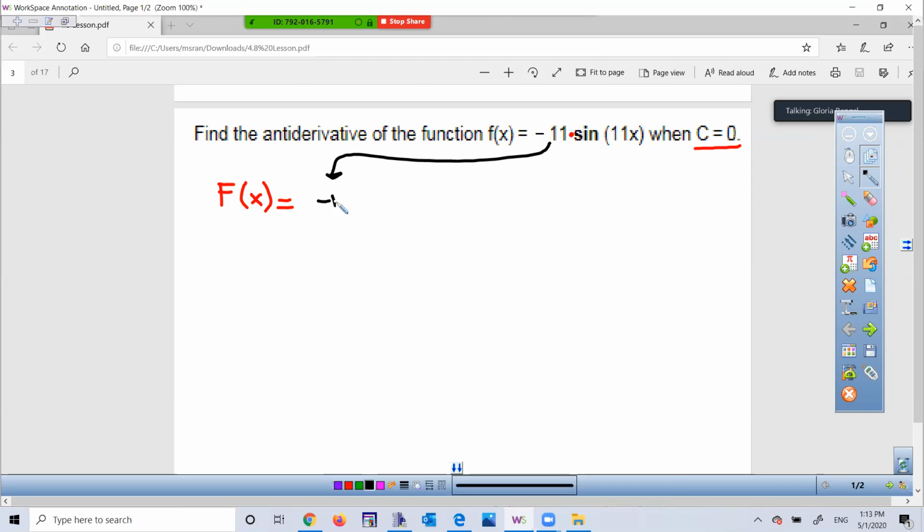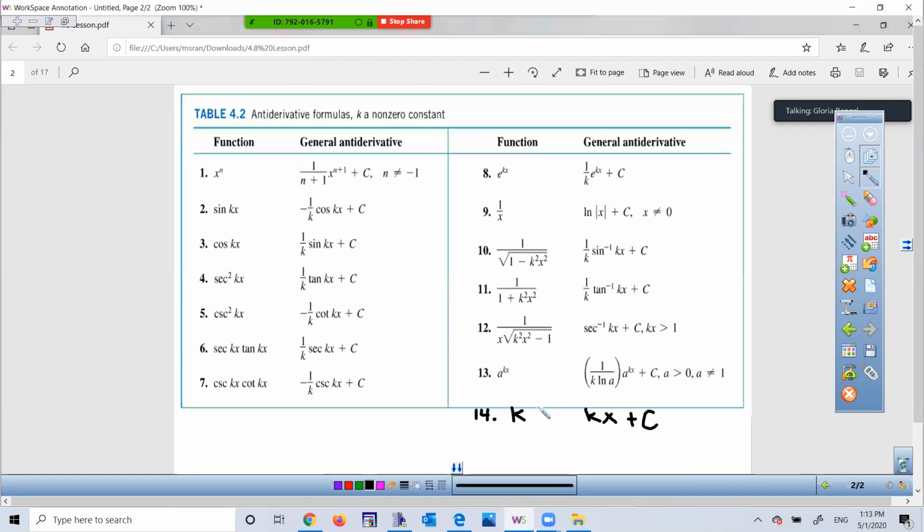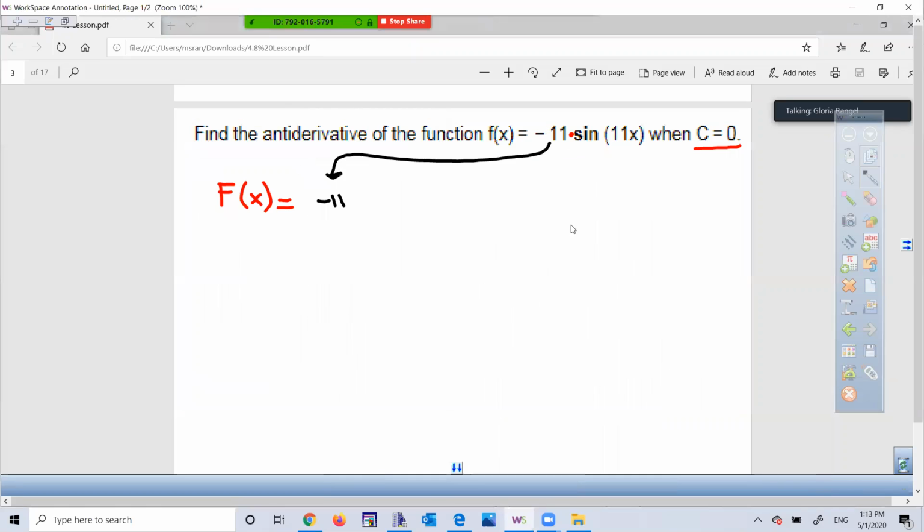Nothing's gonna happen to it unless that -11, as I said, was adding or subtracting with this. Then I would do the antiderivative of the -11 by following this formula, but I'm not gonna do it for that one because it's clearly not addition or subtraction. What's going on between this and this? So I bring this number that's multiplying times this to the answer. That's already gonna be part of the antiderivative equation.